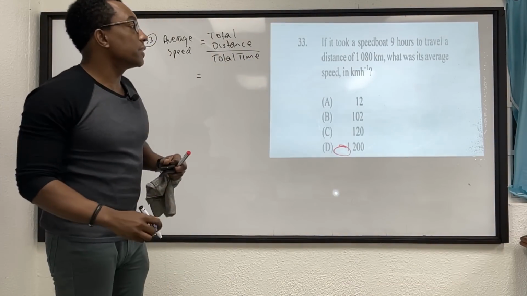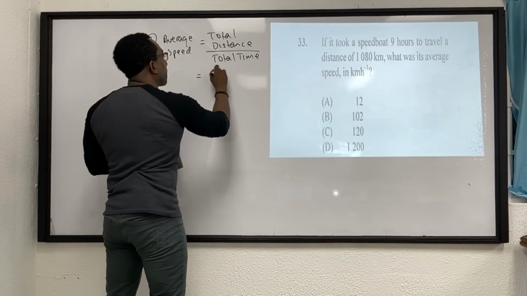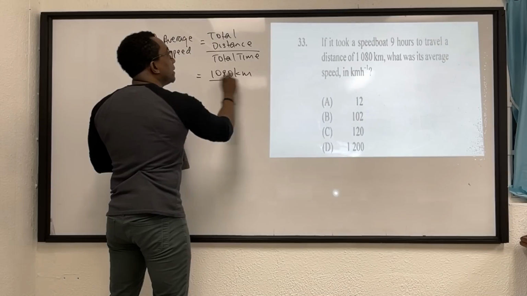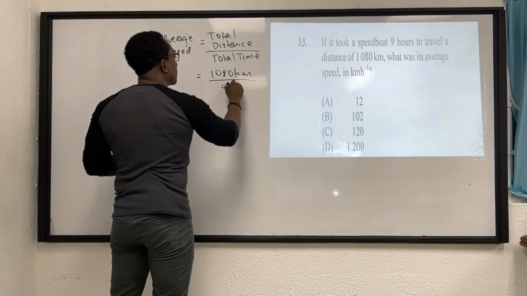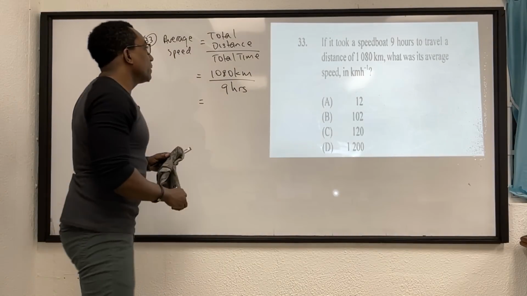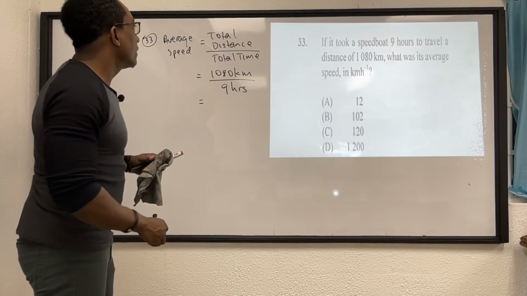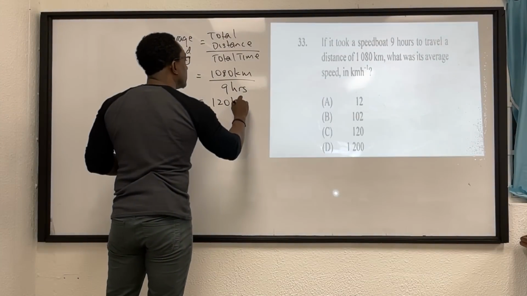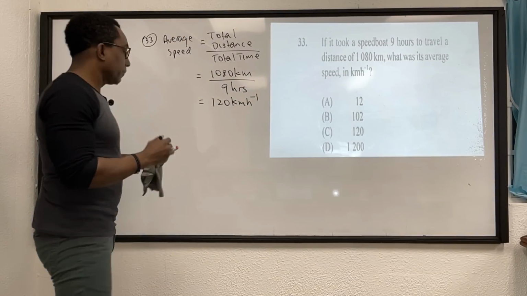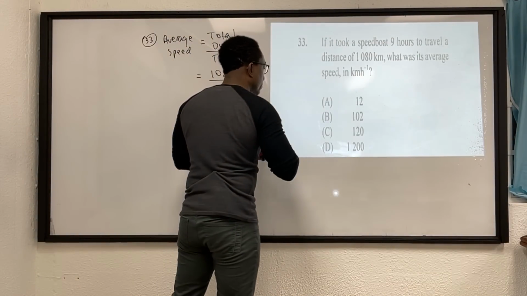The total distance is 1,080 kilometers. The total time is 9 hours. So when we divide 9 into 1,080, this will give us 120 kilometers per hour. For question 33, our answer is C.